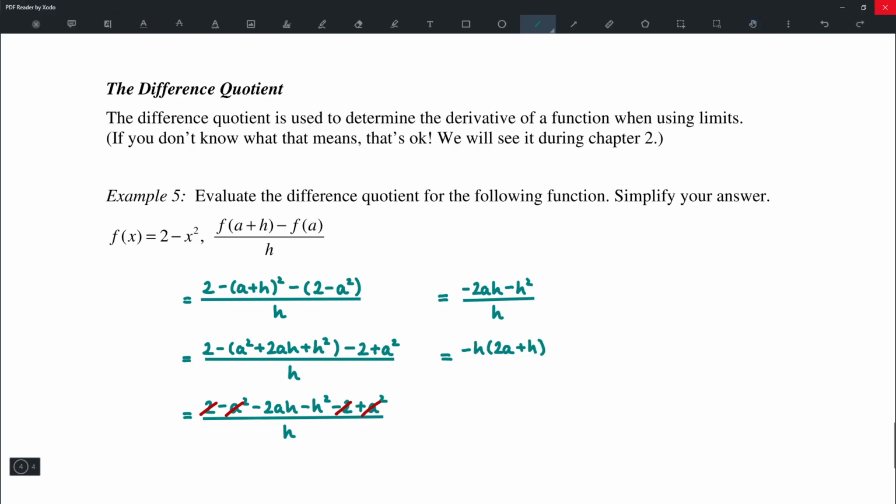And then this, of course, is all over just h. And the h's will be eliminated as well. And finally, we're left with just negative 2a plus h. Or, alternatively, negative 2a minus h.